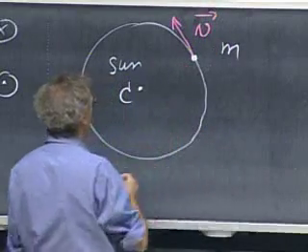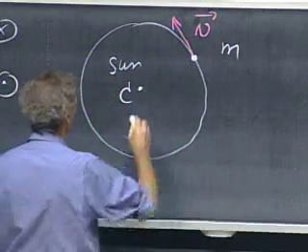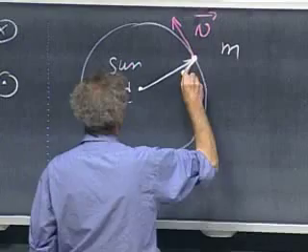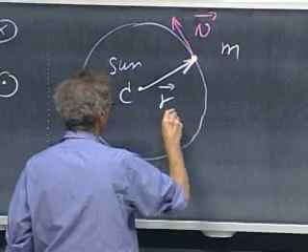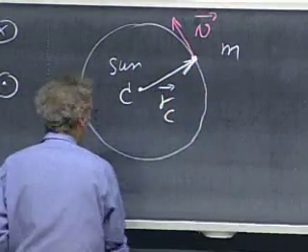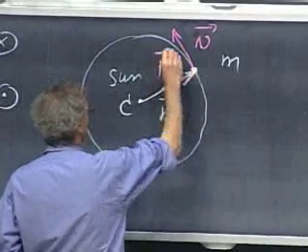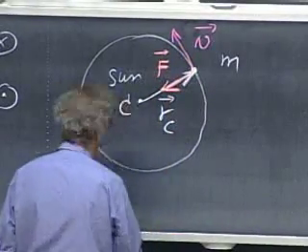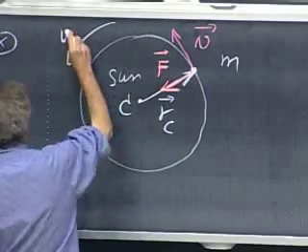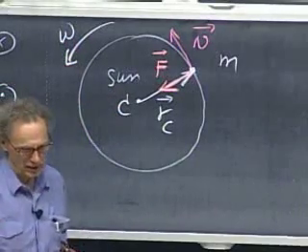The magnitude doesn't change, but the direction does change. The position vector relative to point C is r of C. And then we have a gravitational force, F, which is pointed towards the center. And the angular velocity, omega, is in this direction.